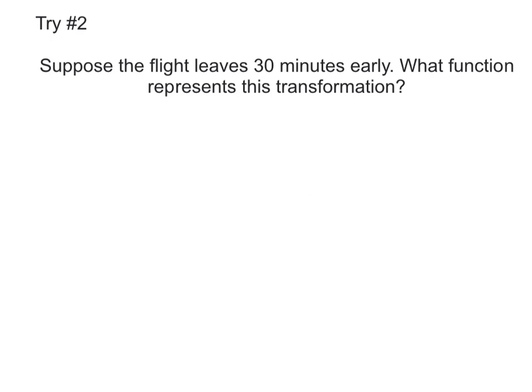Okay, so there is no example 2 on the video, but I do have an example 2. It's talking about a plane that is scheduled to depart at noon, but it's going to leave late by 2 hours.